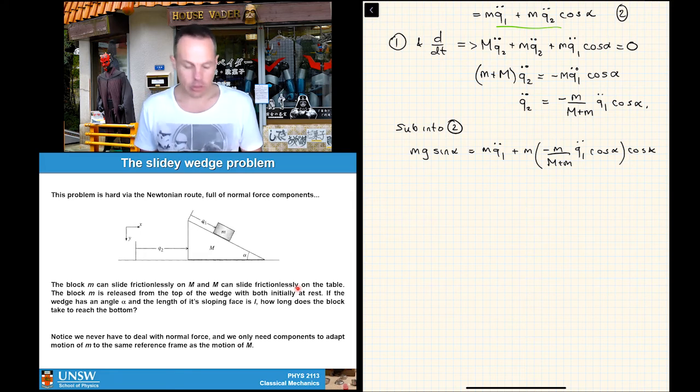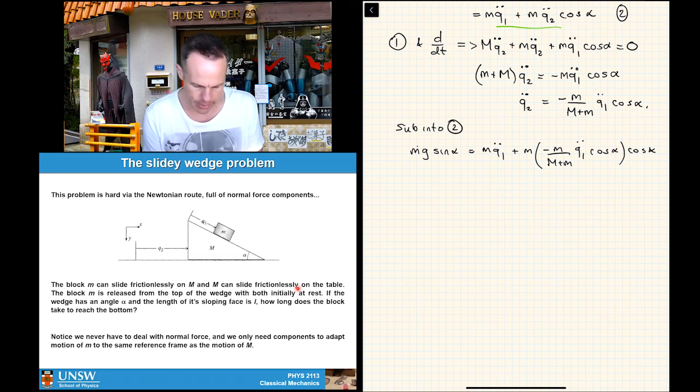Okay, so that's just doing that substitute straight in. The one thing we can note in here is that we can cancel out the little m's right through. So let's get rid of those 3 straight up. The next thing in here is that we can pull the Q1 out the front.